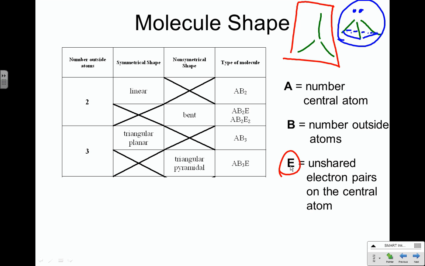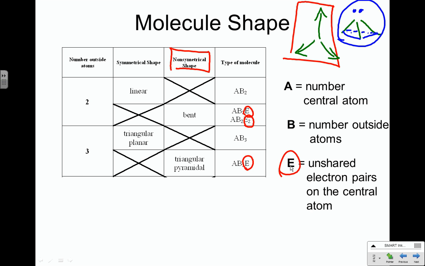So once again, the key is, do I have an E? Notice that in every situation where I had an E, I got the non-symmetrical form. In this case, that's the pyramid versus the planar. In our planar situation, if I have three people pulling exactly opposite each other in a flat plane, they will perfectly cancel each other out.